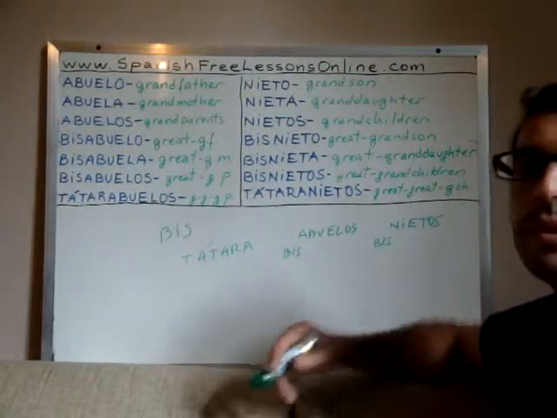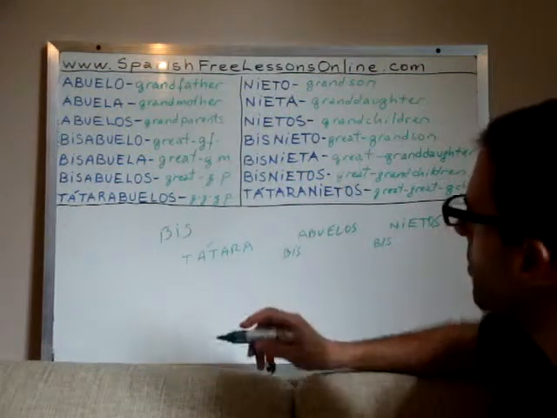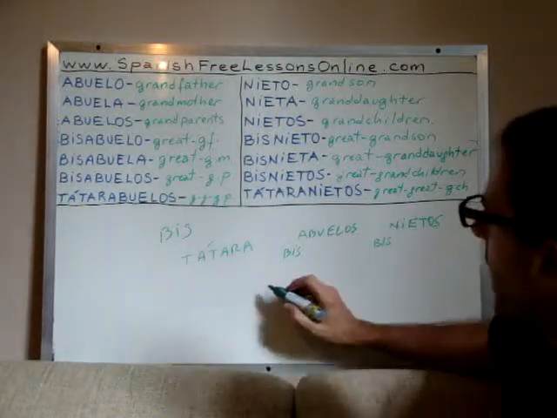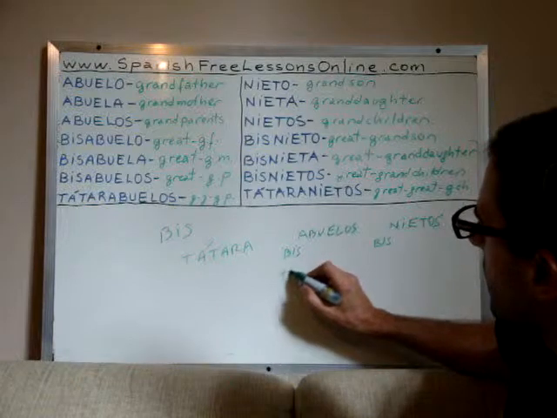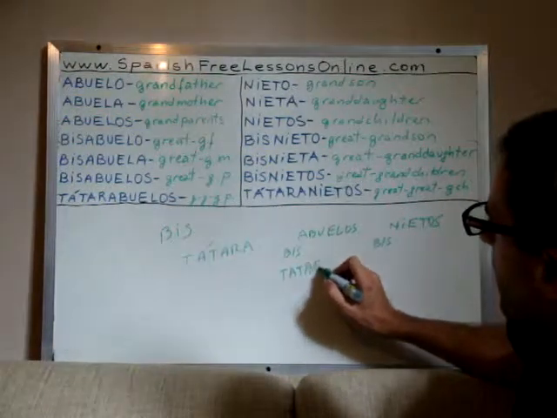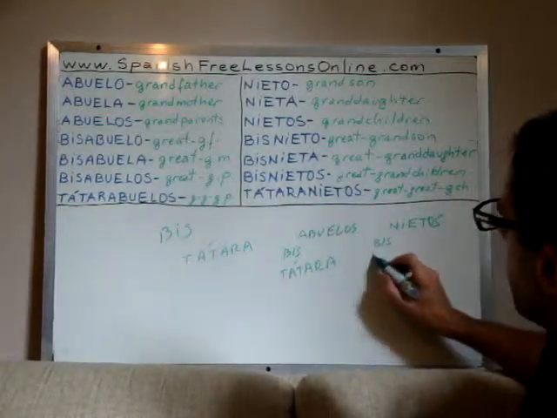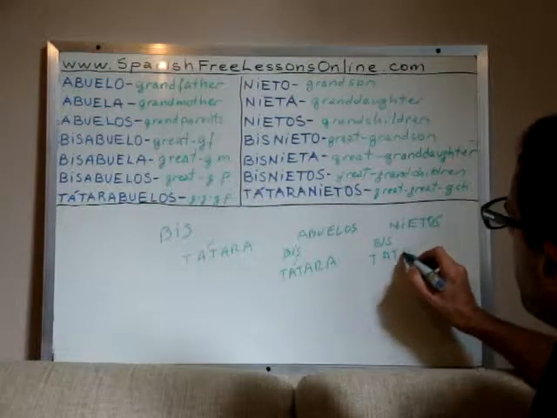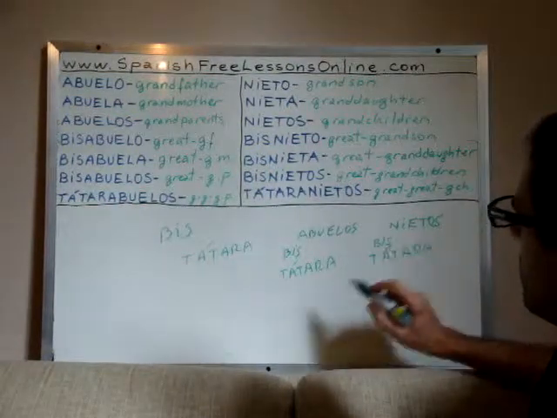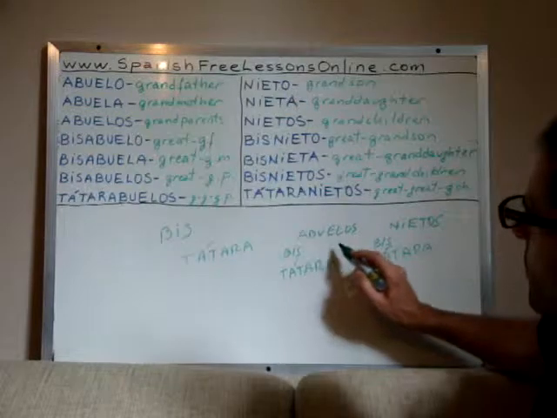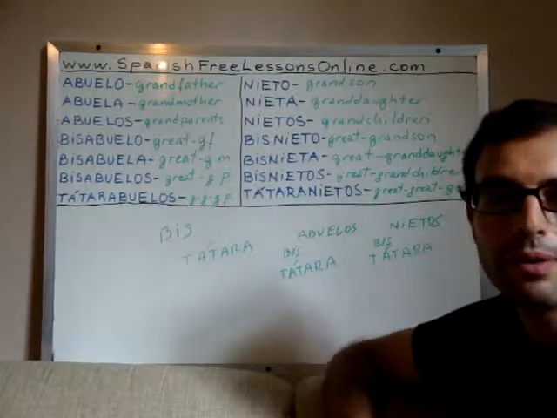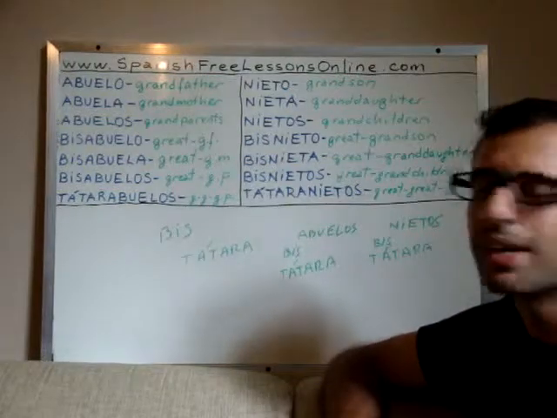And for great great grandchildren or great great grandparents, we add tatara, this prefix, okay? Tatara and tatara. So it will be tatarabuelos and tataranietos for great great grandparents and great great grandchildren, right?